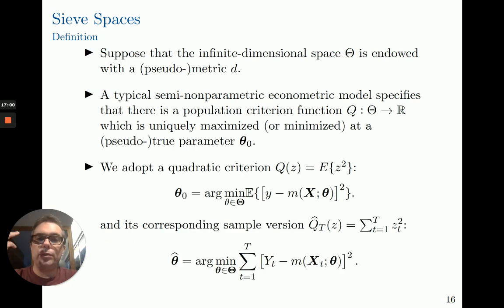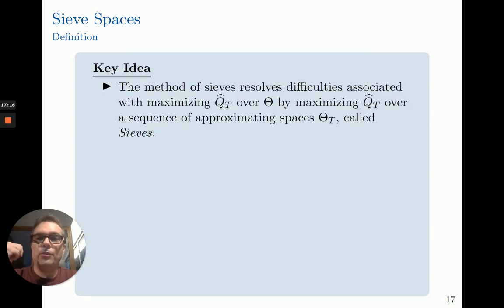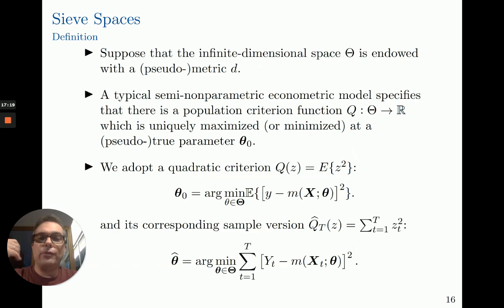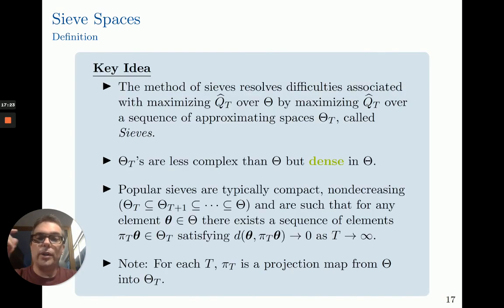And what we want to do is estimate this by simply minimizing the sum of the squared errors, as we have here on this slide. Instead of looking over all possible functions, we are going to look at smaller, parametric sets, but that will be dense in theta.